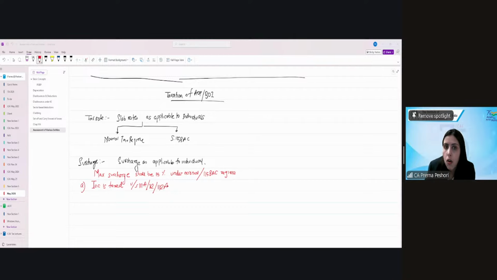Or the tax is payable under section 115AD, which is for foreign portfolio investors. And the other situation is where the AOP consists of only companies as its members.